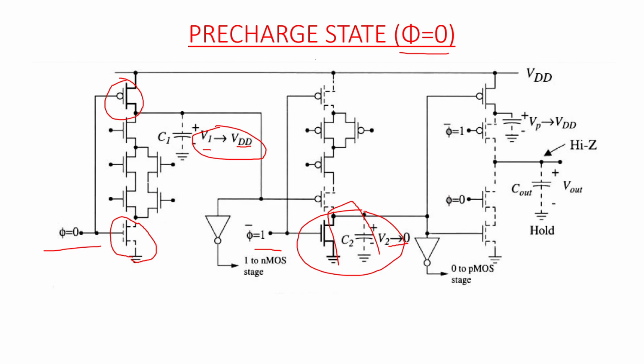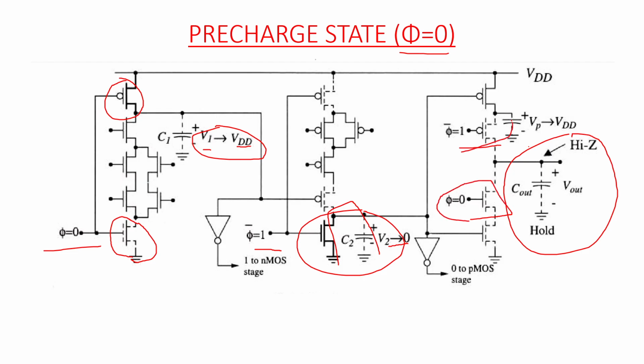Also, the most important aspect of the pre-charge, we can note that the output of this CMOS inverter is in high impedance state. You can see it is in high impedance state, because here this PMOS is also open circuit, and this PMOS and this NMOS is also open circuit.